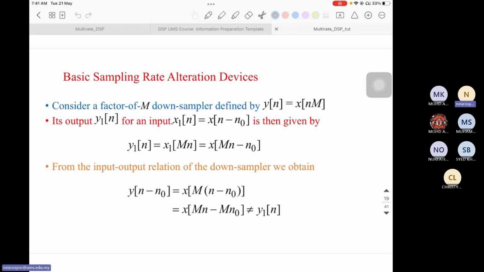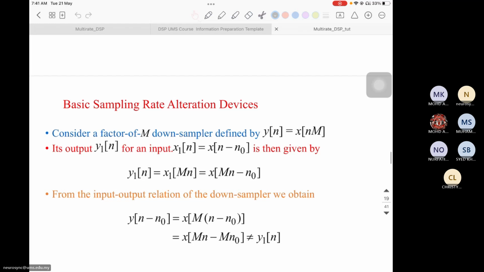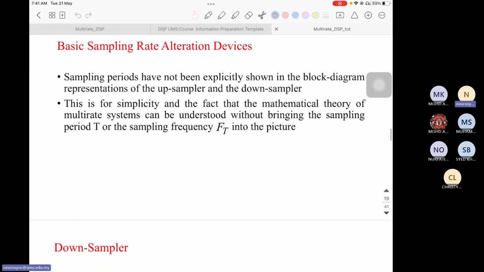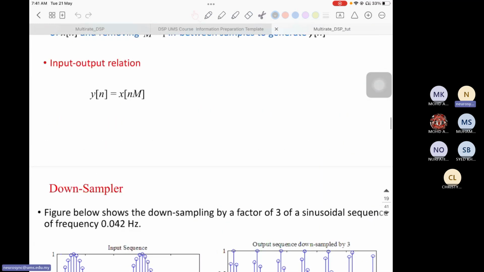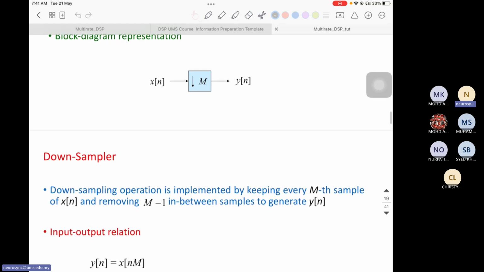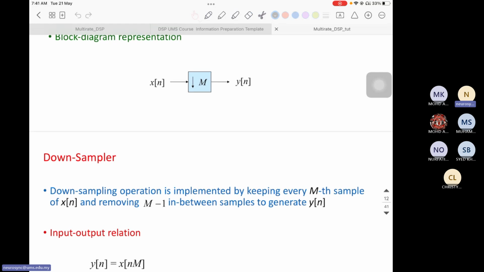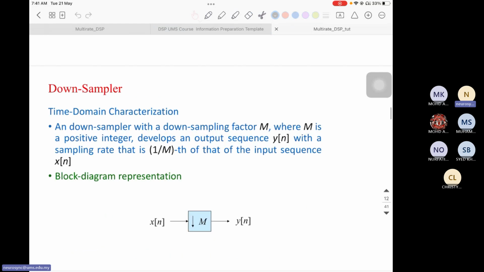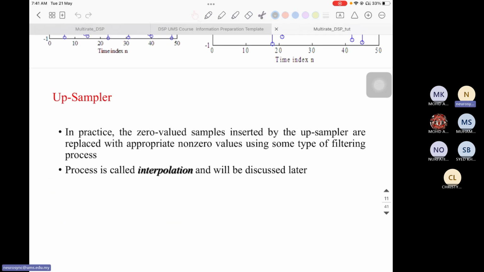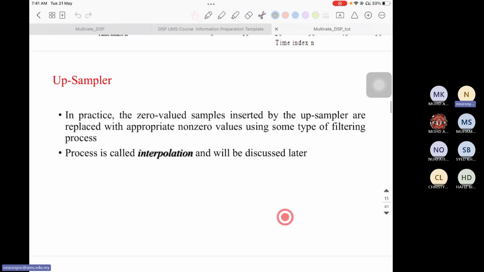Okay, so we have seen the input output relation of the upsampler and downsampler, how downsampling works, how upsampling works. If I want upsampling by factor L, what will be the relation of input output? In case of an upsampler, there is zero padding in the given sequence or digital signal.